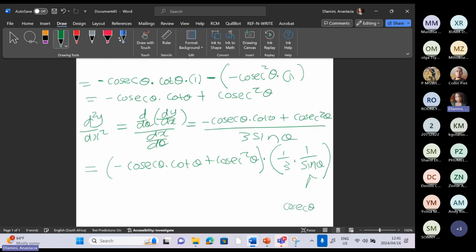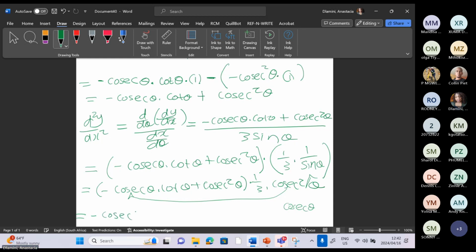Cosec of theta. So this equals minus cosec of theta times cot of theta plus cosec squared theta times 1 over 3 times cosec squared theta. Now this cosec multiplied with that cosec equals minus cosec squared theta times cot theta plus cosec to the power of 3 theta times 1 over 3.